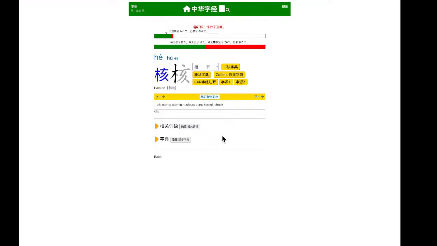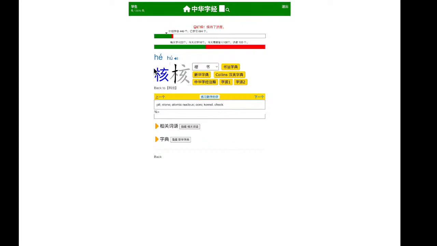核 is a pit of a fruit. Like an atomic bomb, we call it a 核弹. Core, kernel, it's also used as a verb, to check, 核对, verify, that kind of meaning.